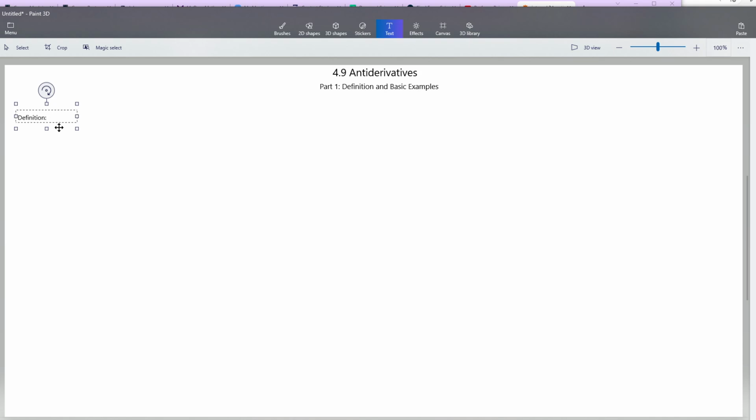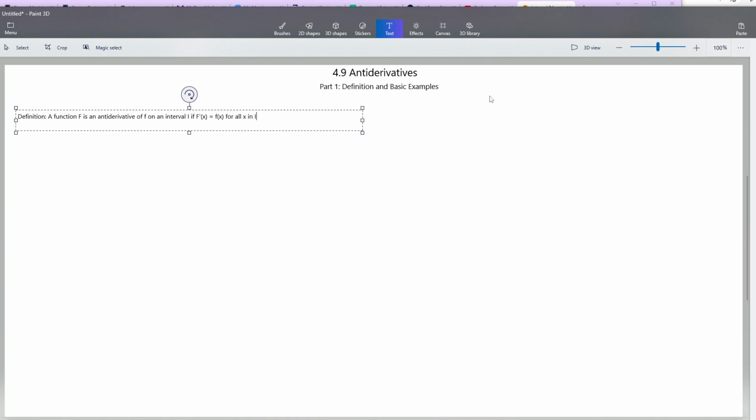So the definition of an antiderivative: we have a function capital F is an antiderivative of f of x, or maybe just of f on an interval I, if F prime of x is equal to f of x for all x in I. Okay, so we are using this capital F notation to denote the antiderivative.